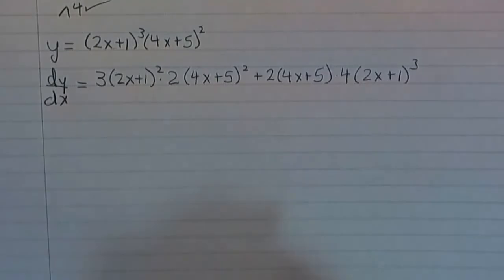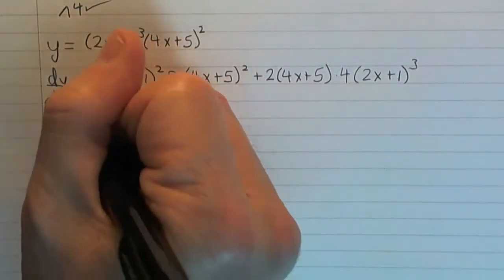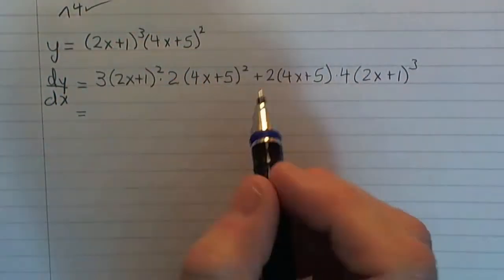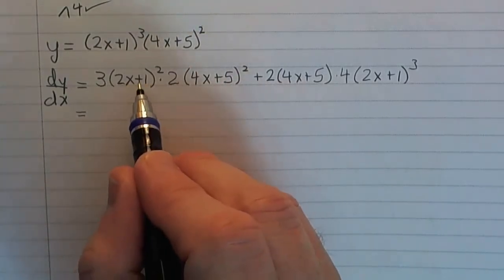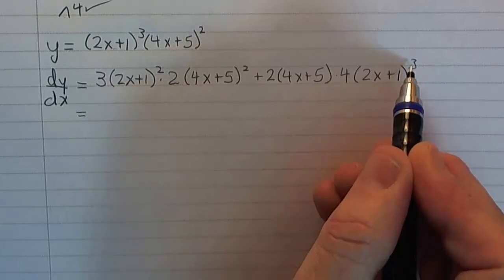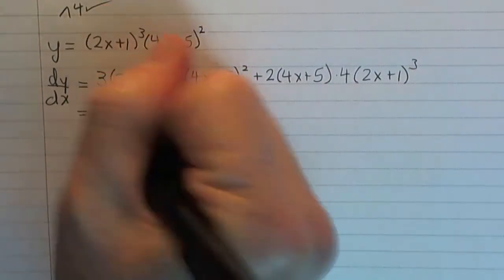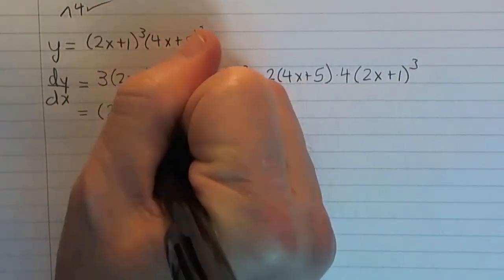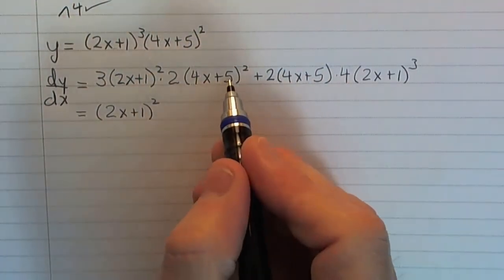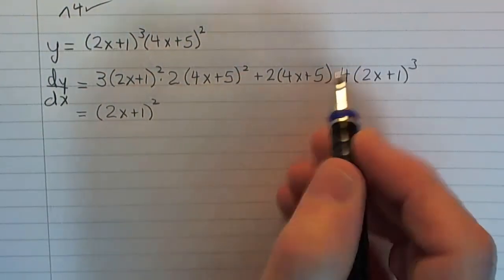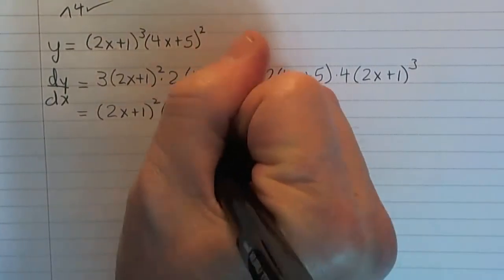Now I need to simplify this a little bit, and one way I can simplify is just factor out common factors. Notice I've got a 2x plus 1 squared, a 2x plus 1 to the third. I'll just factor out a 2x plus 1 squared, the smaller of the two. I've got a 4x plus 5 squared, a 4x plus 5 to the first, so I'll factor out a 4x plus 5.